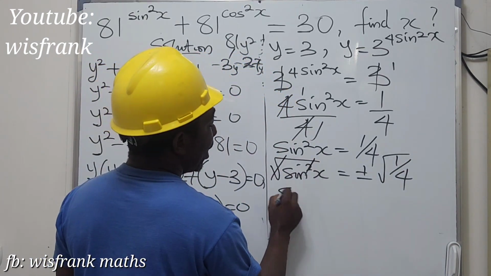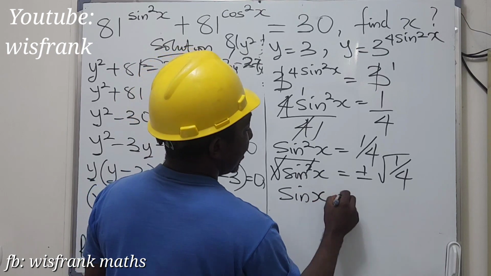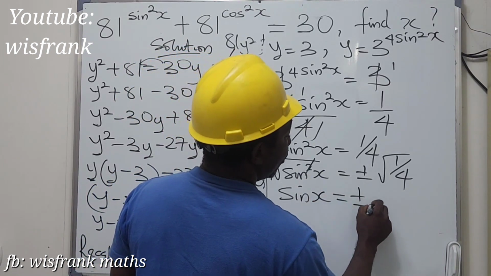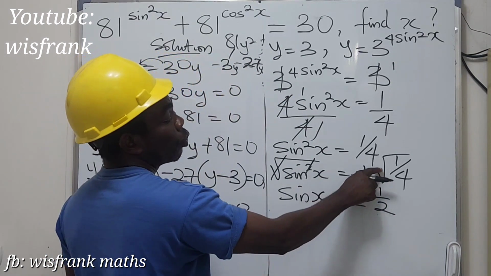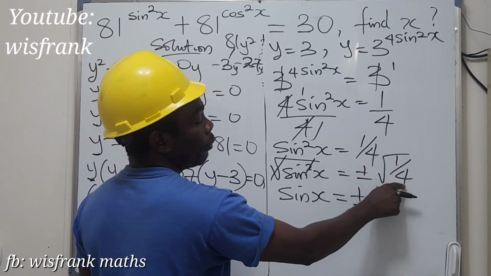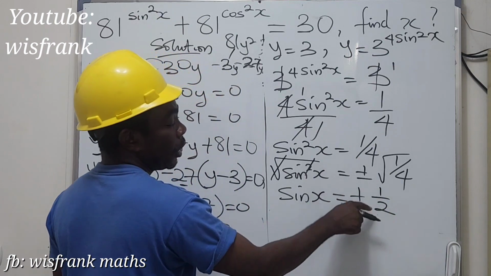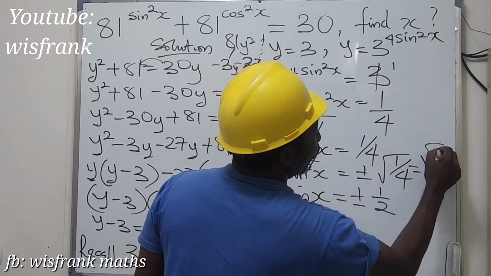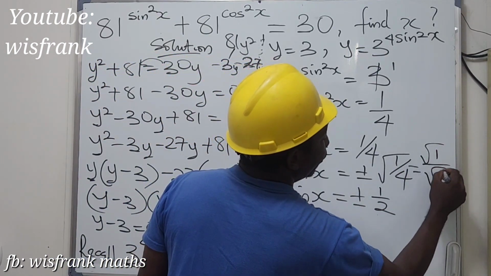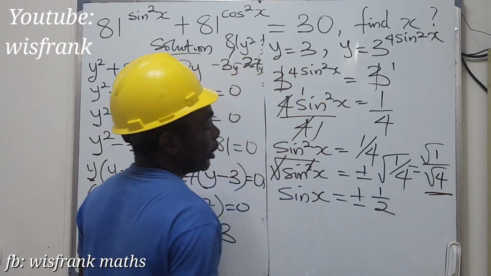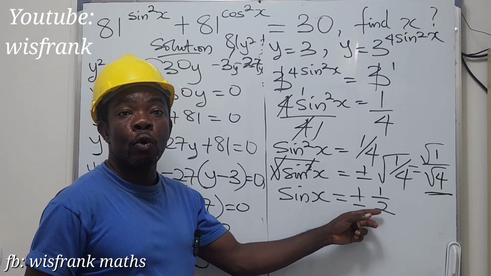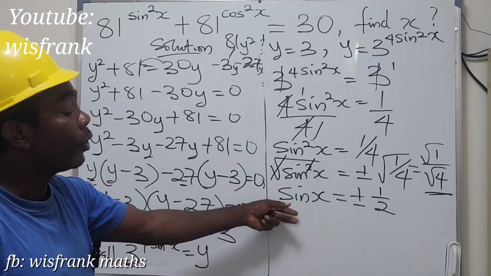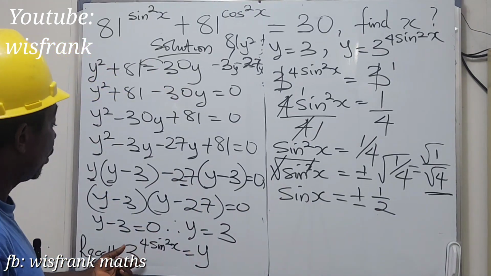We have sin x equals plus or minus 1 over 2, because the square root of 1 is 1 and the square root of 4 is 2. It's the same thing as root 1 over root 4. And we have sin x equals plus or minus 1 over 2. So that is the first value of this solution.